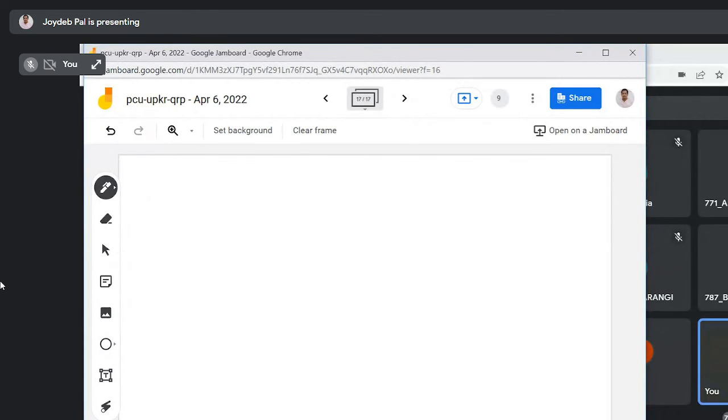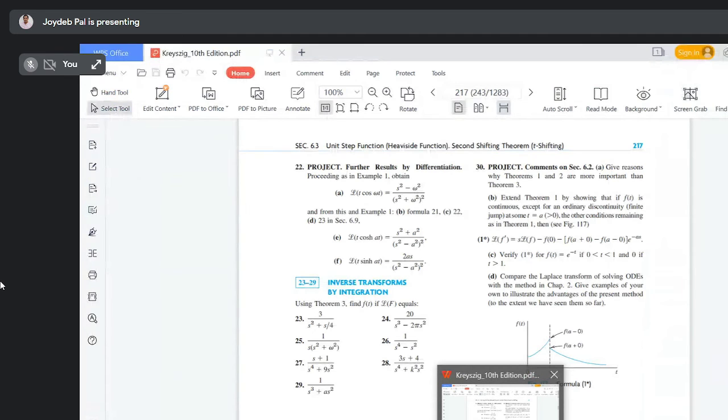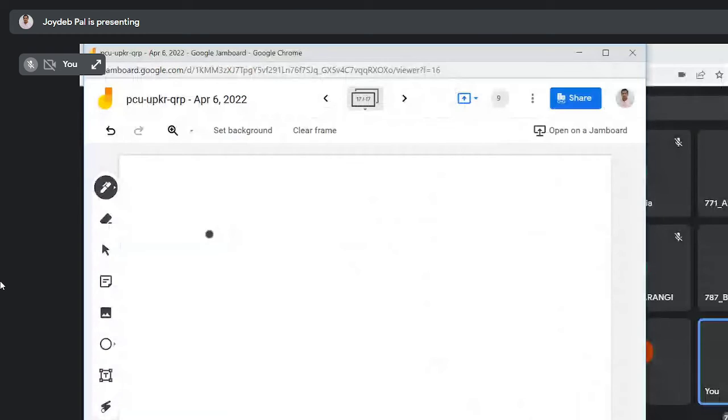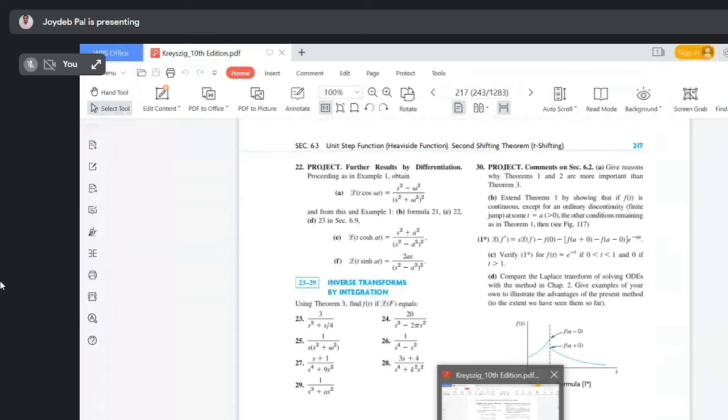Better to take a harder one, it is easier. 28, I am taking problem number 28: 3s plus 4 divided by s square into s square plus k square, whole square.